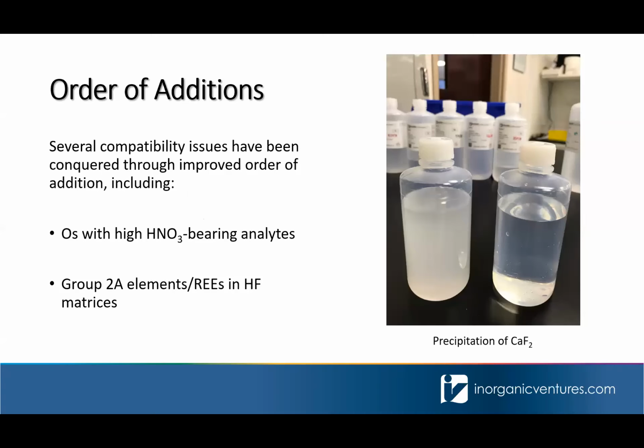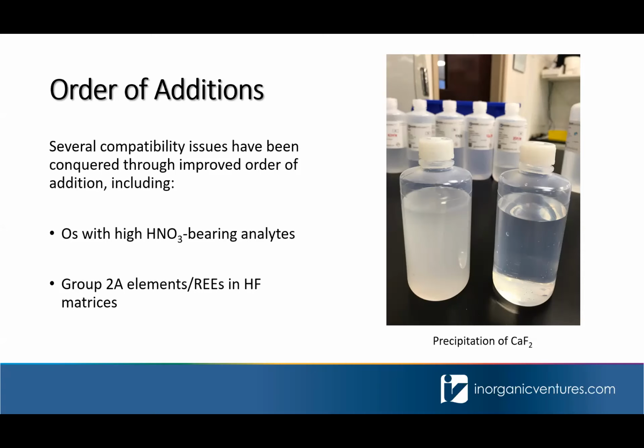So we have some examples we can share for compatibility issues that we can remedy with a change to the order of additions. So first is osmium. So adding osmium last in the presence of other analytes that will carry over a lot of nitric acid from their stock solution, when we add that osmium last, we're going to prevent the localized high concentration of nitric.